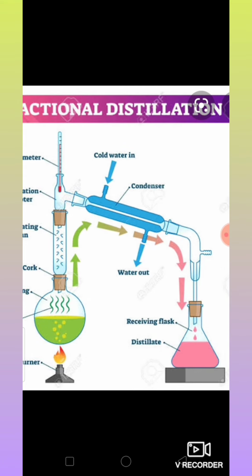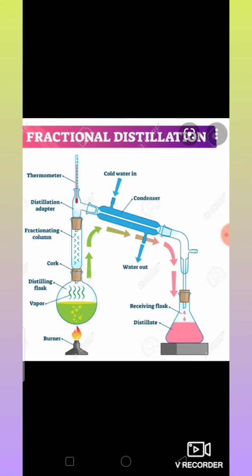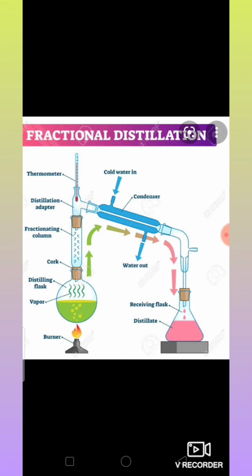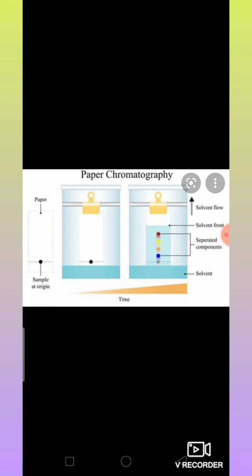So this is the picture which shows fractional distillation. It is used where two or more liquids are combined together which have boiling points differing by less than 25 Kelvin. Next we are going to see chromatography.